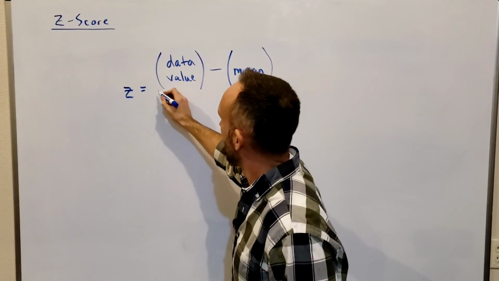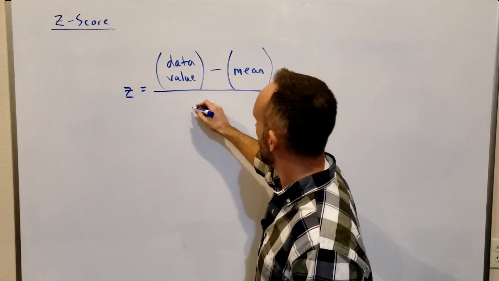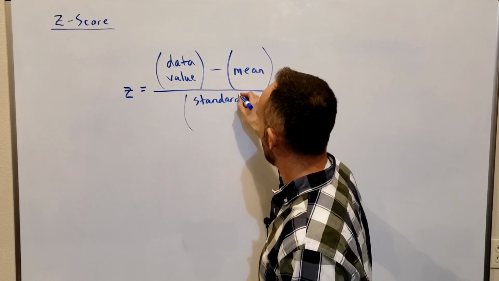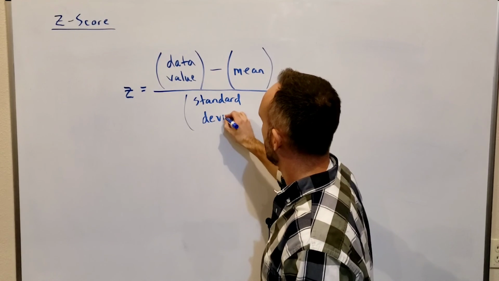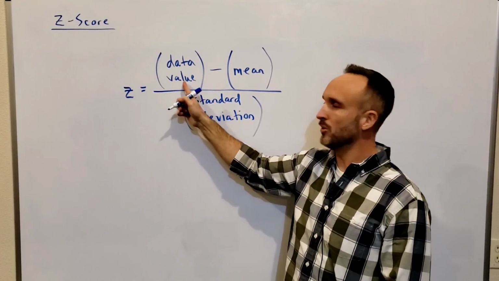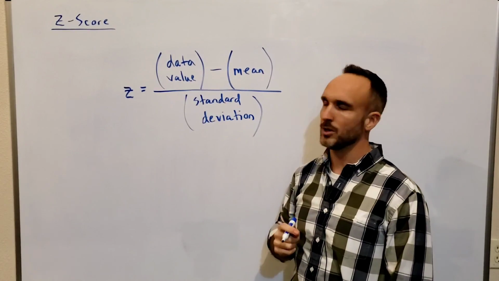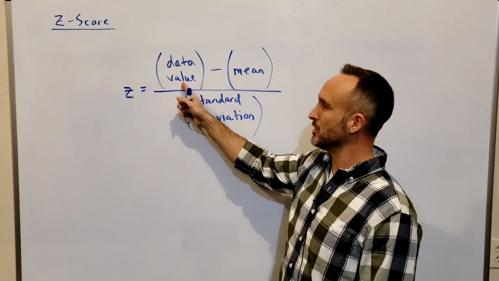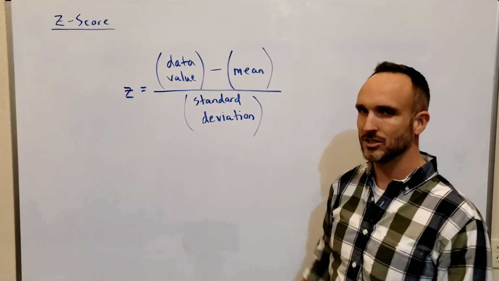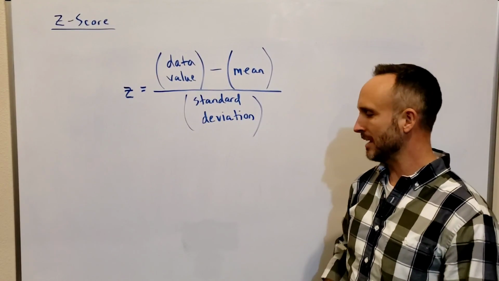So now you have to divide this difference by your standard deviation value. And so what you see is, if your data value is smaller than your mean, this should be a negative number. If your data value is bigger than your mean, this should be a positive number. Okay? So that's how you calculate a z-score. But you already knew that from the examples we looked at.